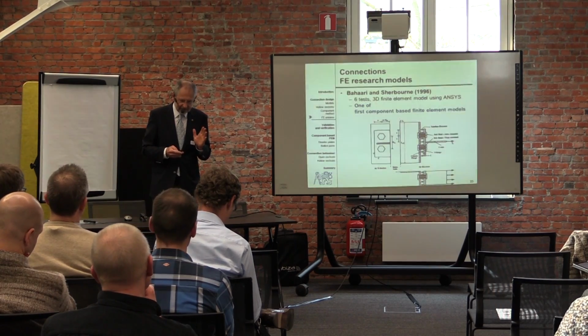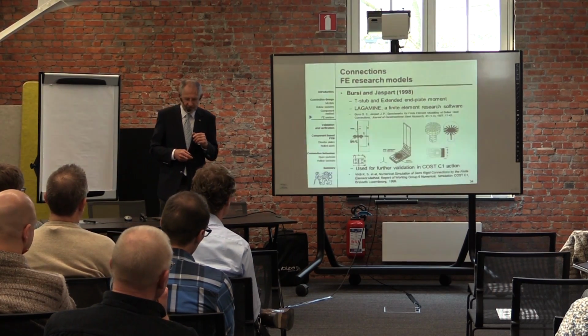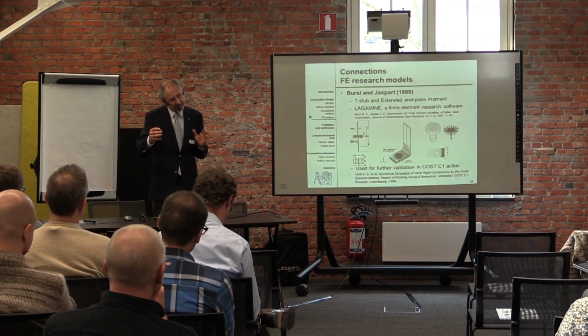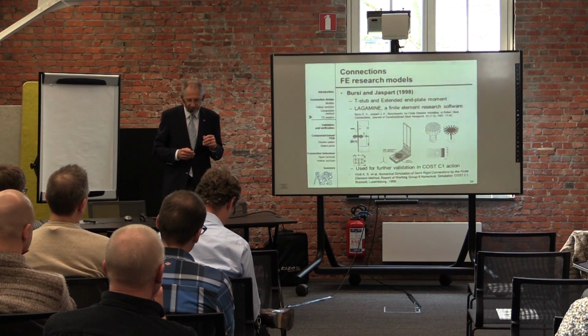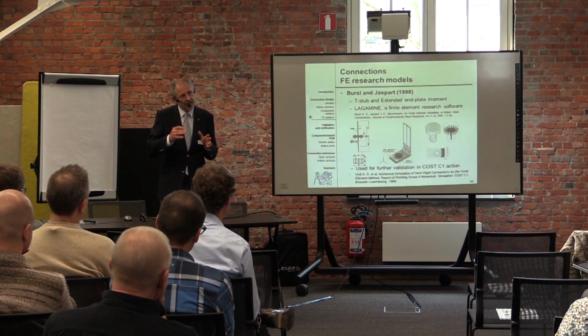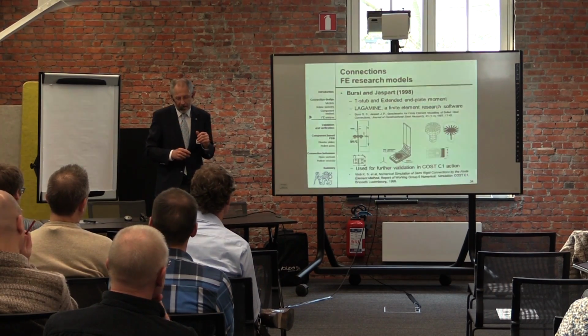Then came a big study by Bursi and Jaspar. They published three famous papers, and they started to model the T-stub, and they also simplified it to be able to calculate it. It was mostly a 2D model, and so this is this model.